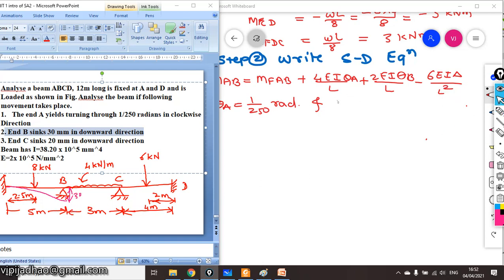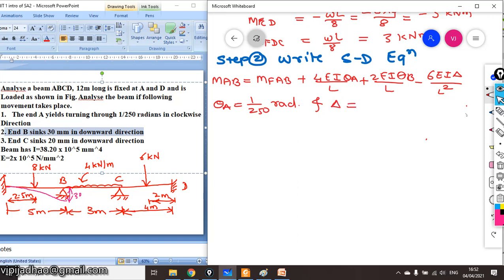So delta for this case: the right support of span AB is sinking, therefore the value of delta will be positive, and in meters it will be positive 0.03 meter. Therefore MAB will be equal to MFAB.